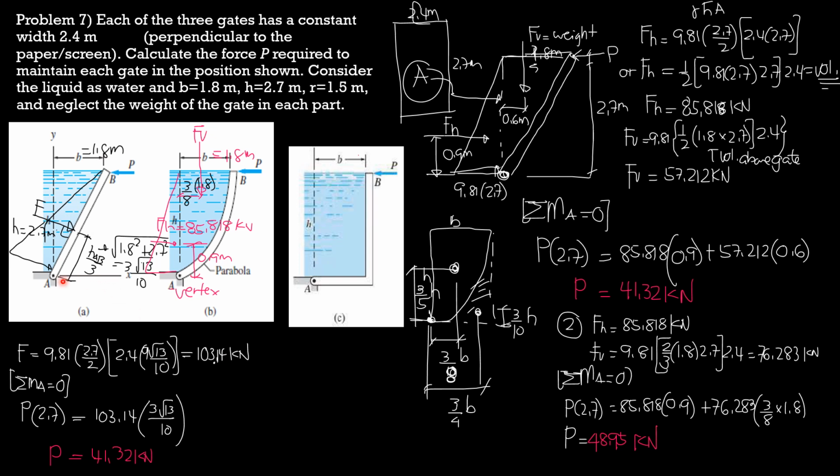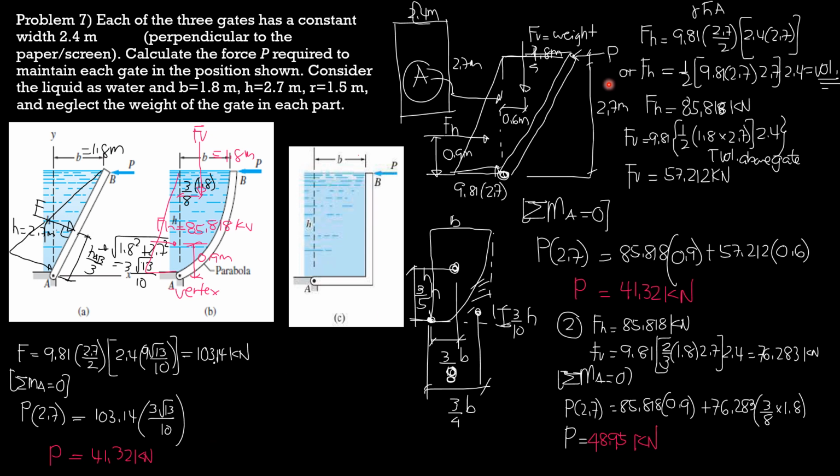We then sum up moments about A equals 0. So P times 2.7 is equal to F times this moment arm, and this moment arm, 1/3 of AB, is 3 square root of 13 over 10. Solving for P, P is 41.32 kilonewtons. So that's the first and direct way of solving for P.